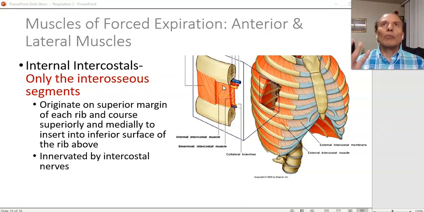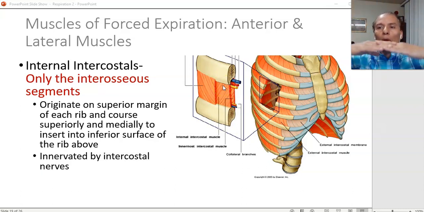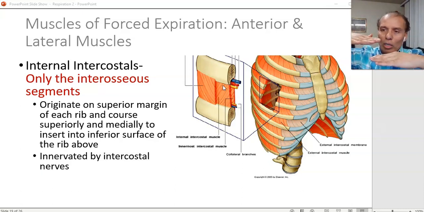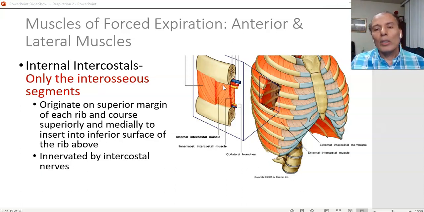Let's see, we're speaking about exhalation, so it means all the muscles have to have the origin lower than the insertion, so that when you pull, you are going to bring the thorax down and in. So this is the internal intercostal muscle, especially the interosseous segment.